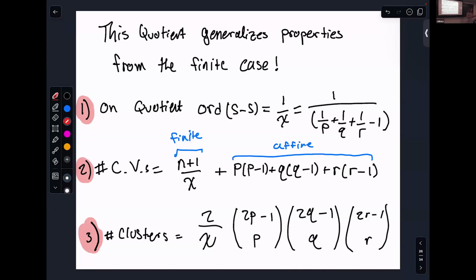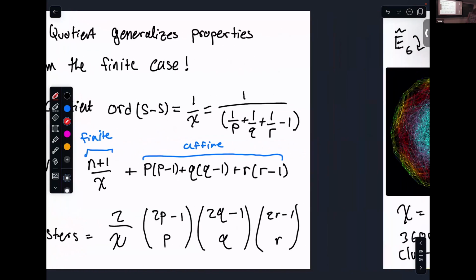So you have to check case by case, but the formula is the same each time. So this quotient looks like a regular finite cluster algebra.